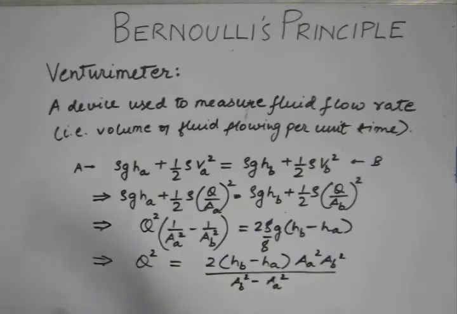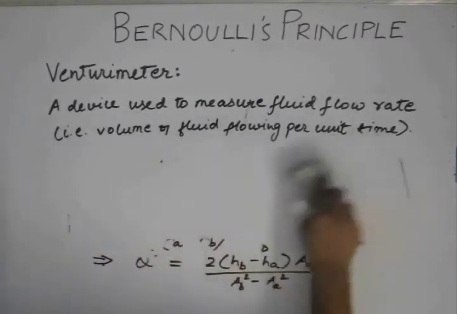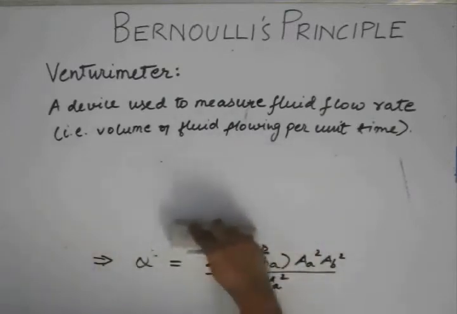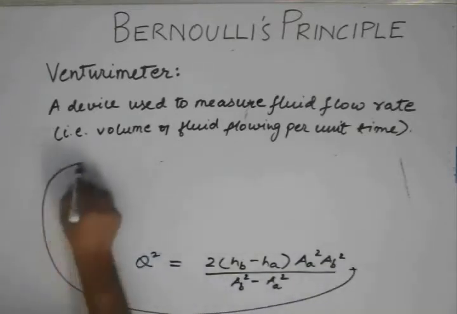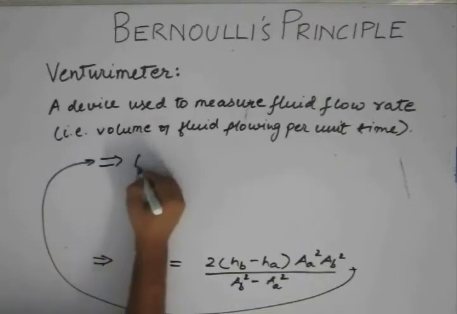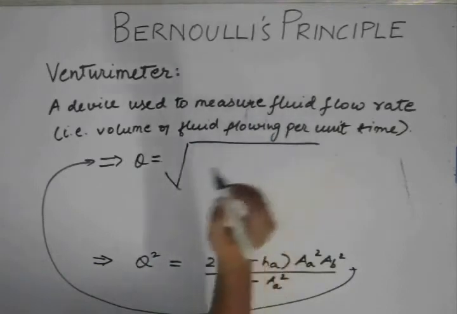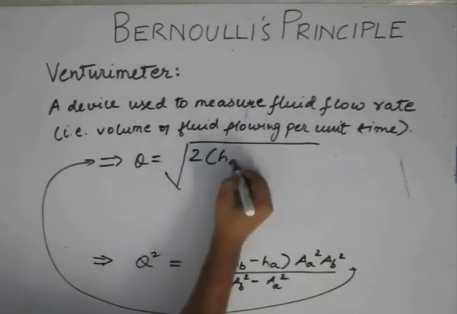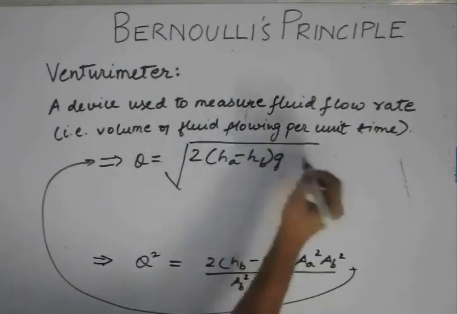Let us write it properly. So this goes here like this. So Q is going to be equal to the square root of 2 times (hA minus hB) into g.